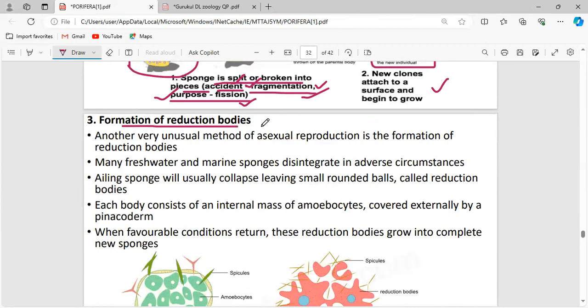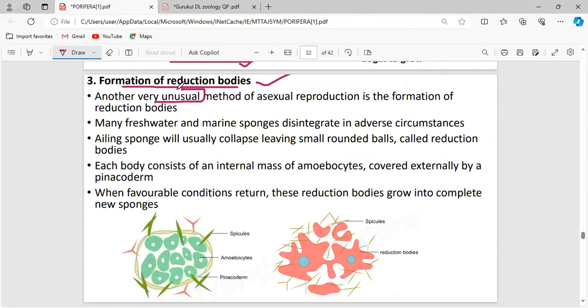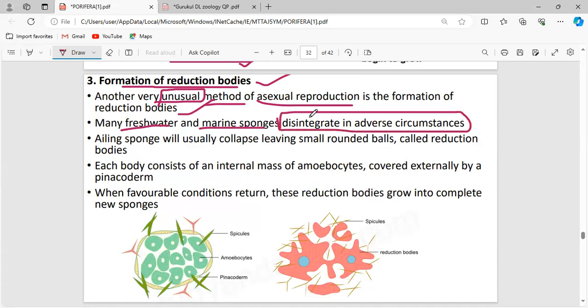Now, what is the formation of reduction bodies? Another very unusual method. This is an unusual method of asexual reproduction, the formation of reduction bodies. Many freshwater and marine sponges disintegrate in adverse circumstances.